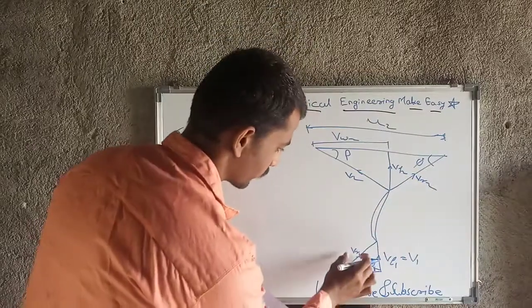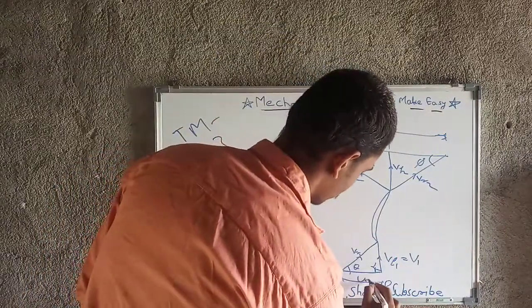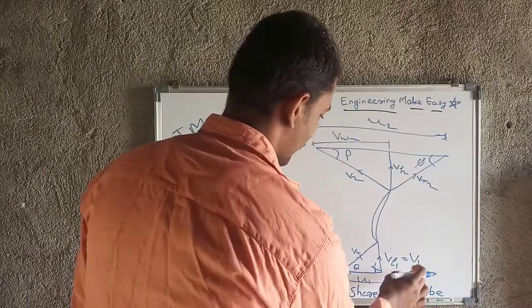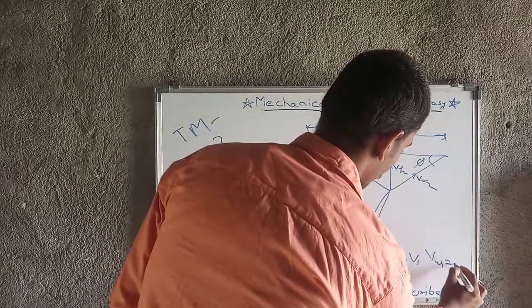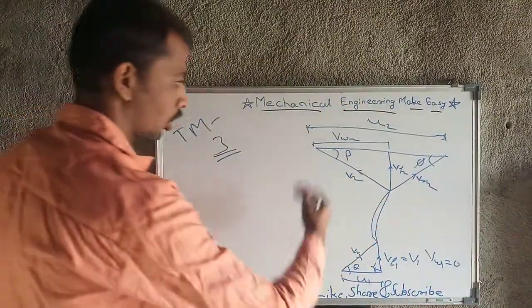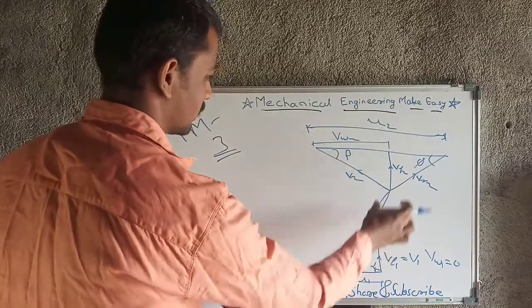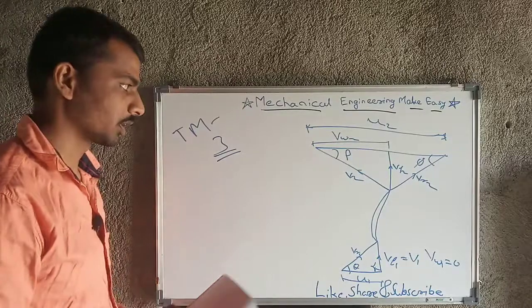Here, between relative and absolute there will be U1, and as V1 is equal to Vf1, Vw1 will be equal to 0. So this is all about the velocity profile at inlet and outlet. Draw this figure. If you have any confusion, you can comment.